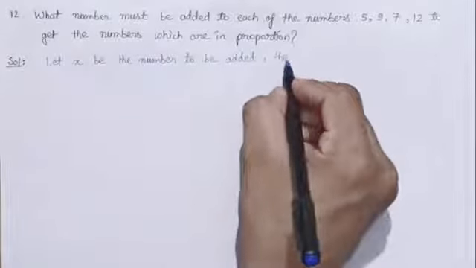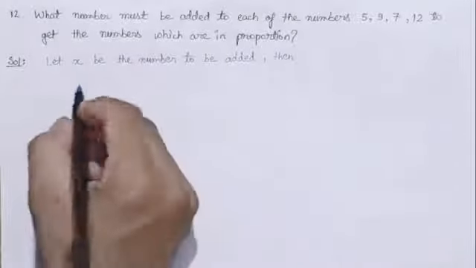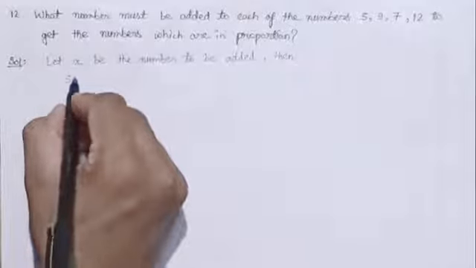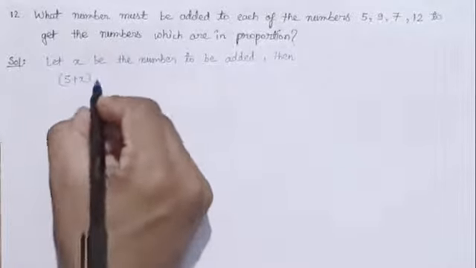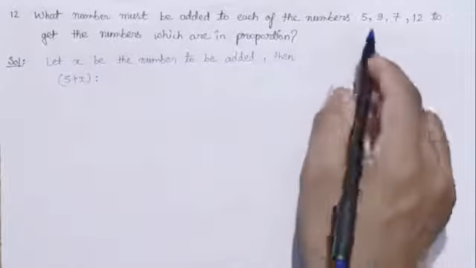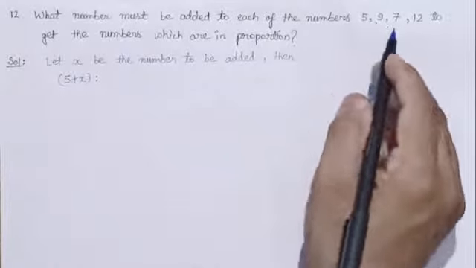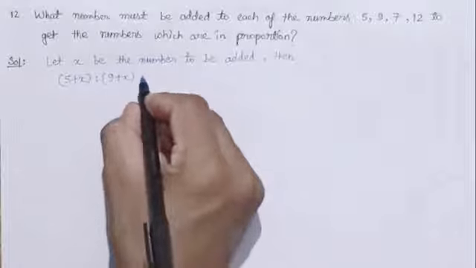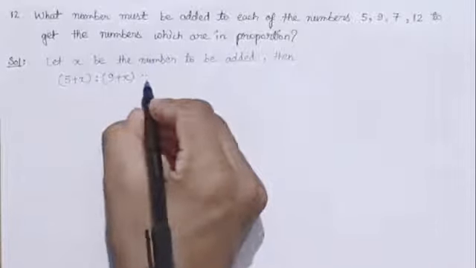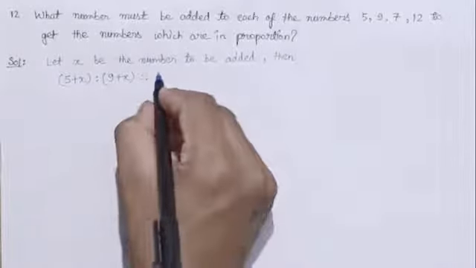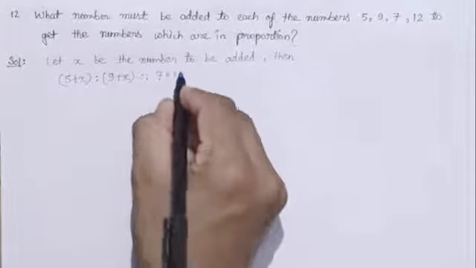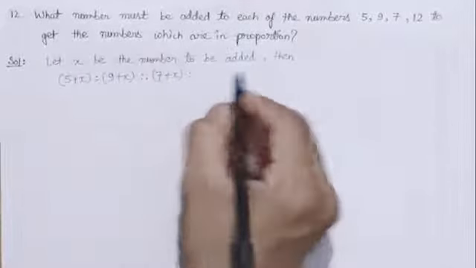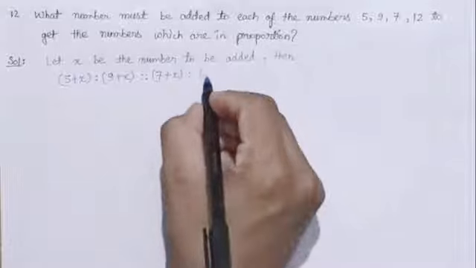Then we can write 5 plus x is to 9 plus x is proportionate to 7 plus x is to 12 plus x.